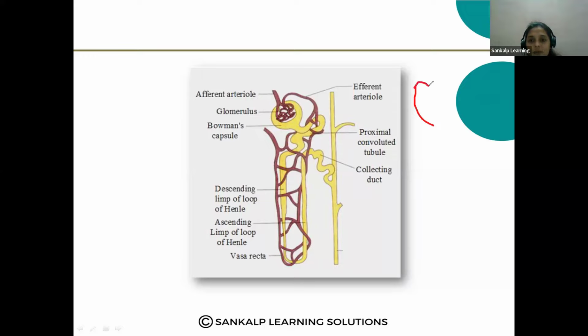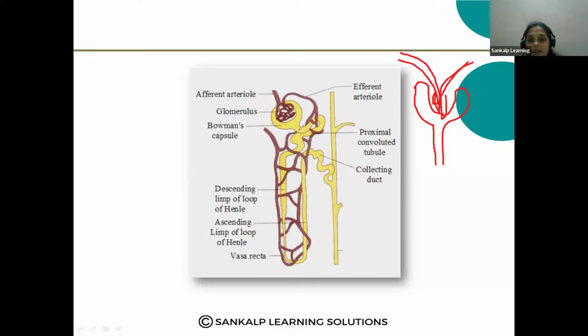Once again, I will explain. This is the Bowman's capsule. Blood enters it through the afferent arteriole. Due to the presence of some membranes, filtration of the blood takes place here. The residues needed for our body are carried again by one more blood vessel.